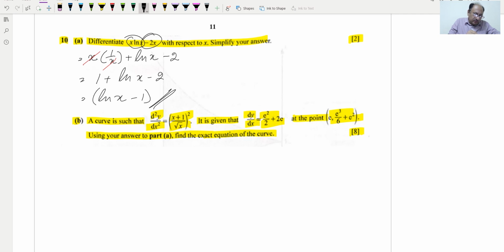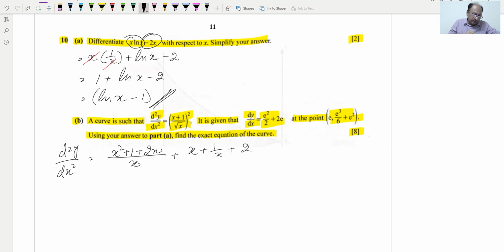So second order derivative which is given, we can take d2y over dx square is equal to, we can open the square, so x square plus 1 plus 2x, this will be the square, and over square of root x will be x, and we can divide everything by x, so this will be x plus 1 over x plus 2.